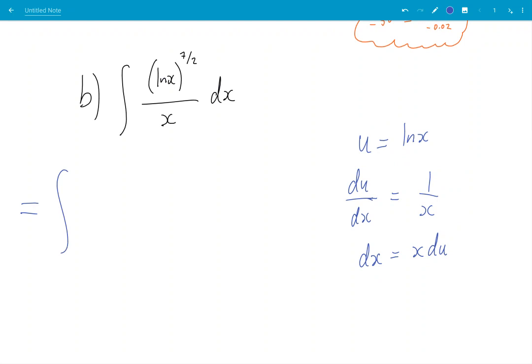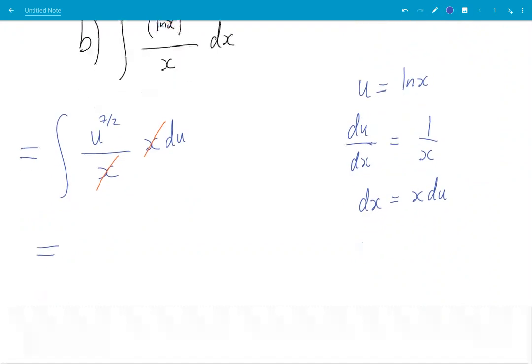Okay, perform my substitution. I get u to the 7/2, still divided by x, and then x du. I get the cancellation I was hoping for. I'm a happy camper, as usual. u to the 7/2 du.